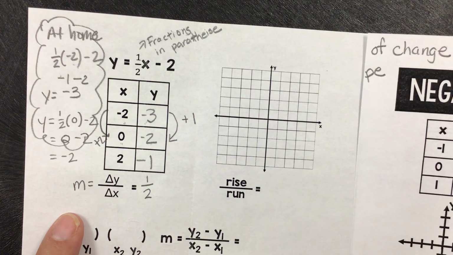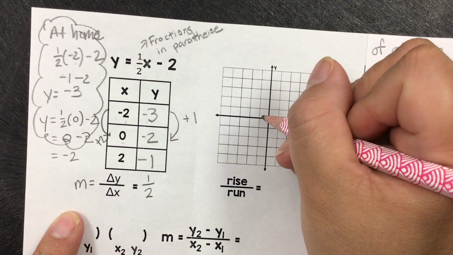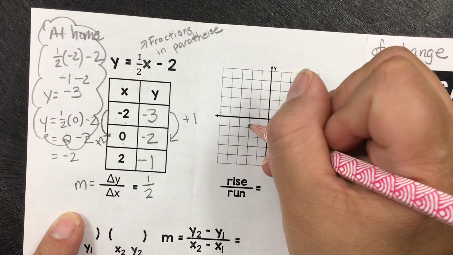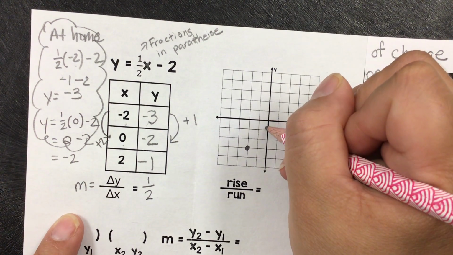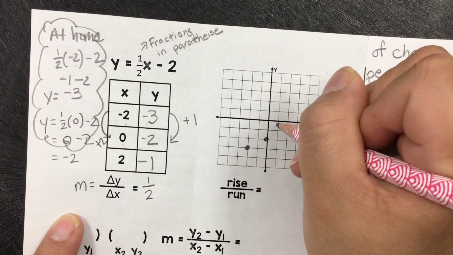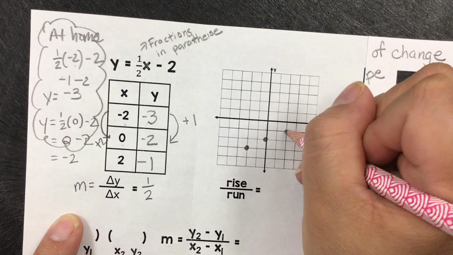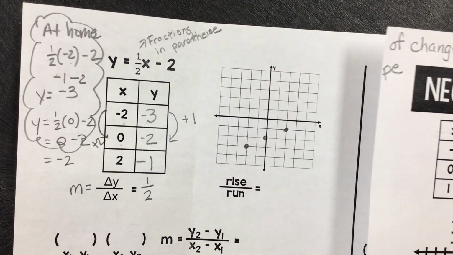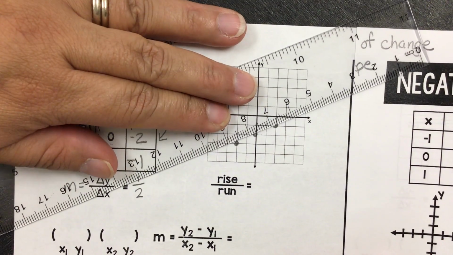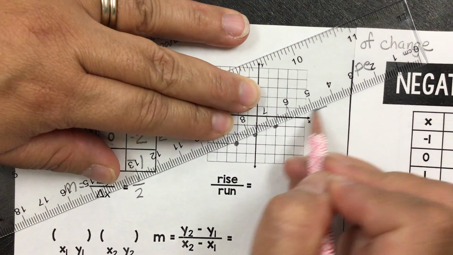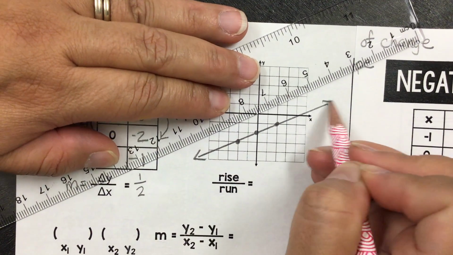All right, let's go ahead and plot the points. -2, -3; 0, -2; 2, -1. Then we graph the line, arrows at the end.